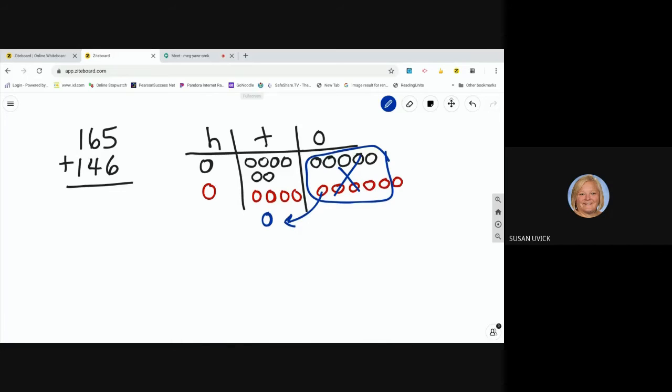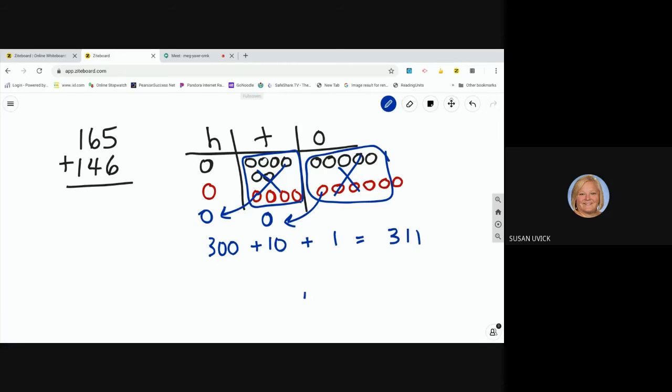What do we have here? 1, 2, 3, 4, 5, 6, 7, 8, 9, 10, 11. I can't have 10 tens there. And we remember that 10 tens equals 100. So now if I look at what I have, I should end up with 300, 10, and 1. When I put that together, I should end up with 311.